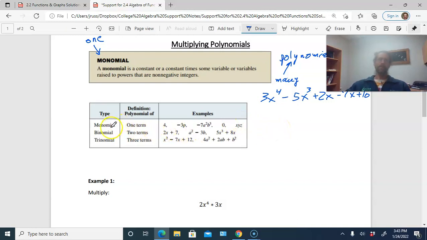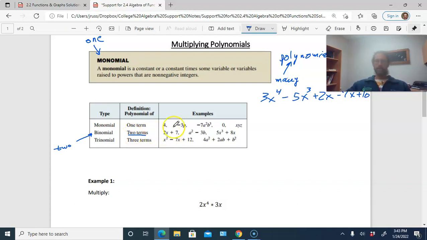Alright, and then we have a specific name for a polynomial that has exactly 2 terms. So if you look here, again, let's go by the prefix, which refers to 2. So a binomial, okay, it's a polynomial with exactly 2 terms.